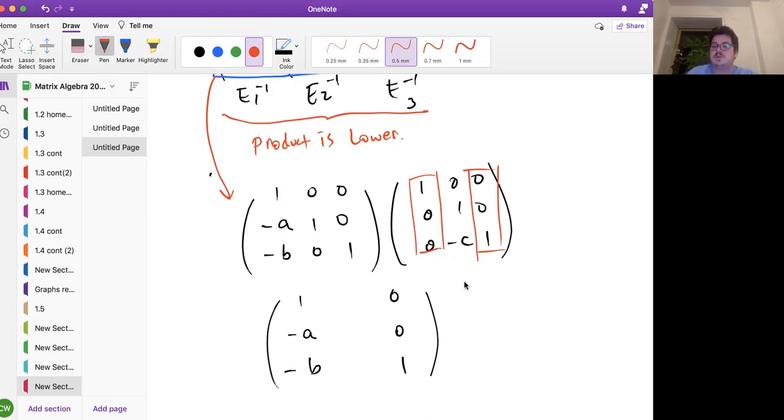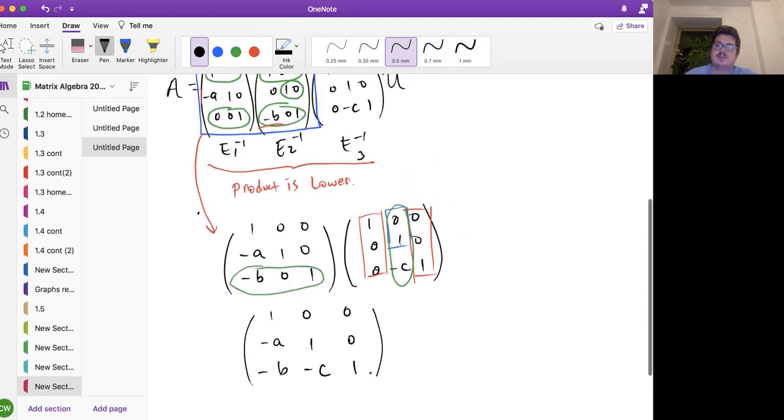And if you do the multiplication, right, this would tell you that the first two entries are staying the same. And the only thing that is changing is in this third entry, this negative c. So when we do that multiplication, what's the only thing left over? Negative c.